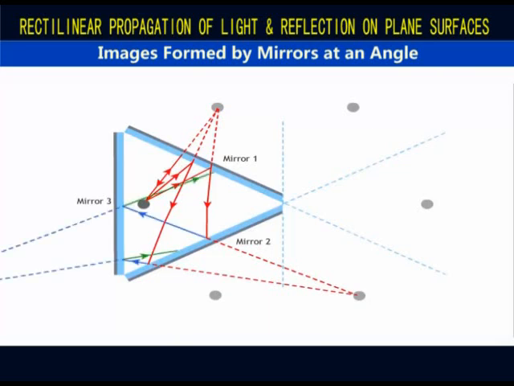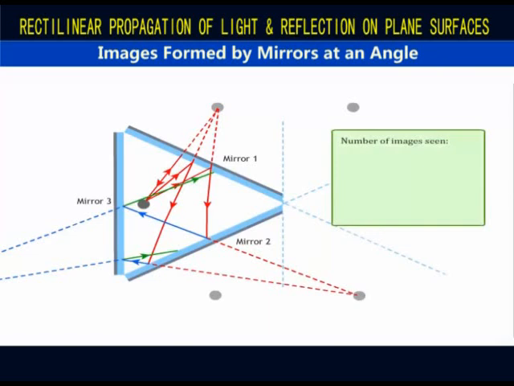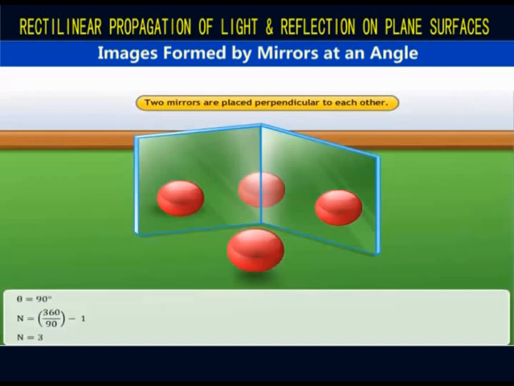The second mirror in turn reflects it back to mirror 3. And therefore, multiple images of the object are formed. The number of images seen in such an arrangement can be calculated using the formula n is equal to 360 over theta minus 1. And so if the angle between the mirrors is 90 degrees, then the number of images formed is 3.